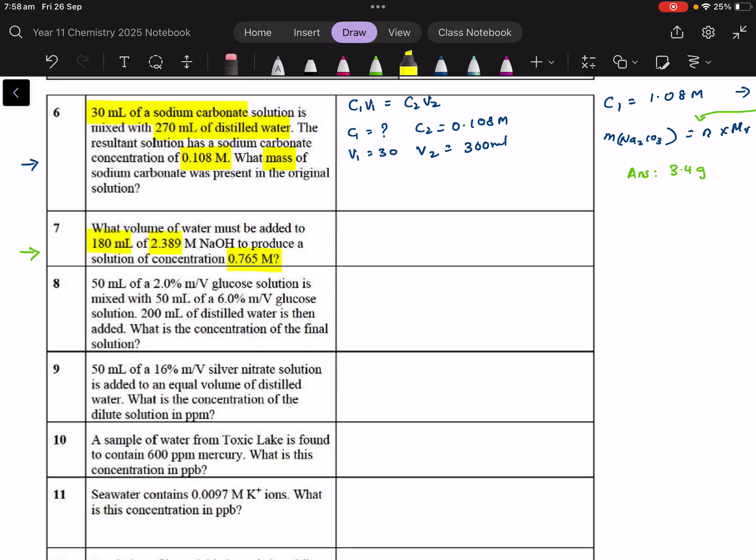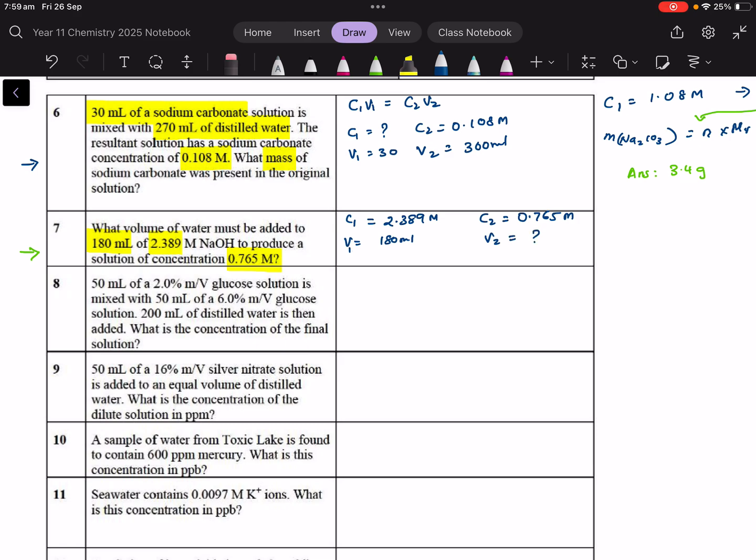My C1 is equal to 2.389 molar. Volume is 180 milliliters. C2 is 0.765 molar. That's what I want, and I want to know what the volume is going to be.